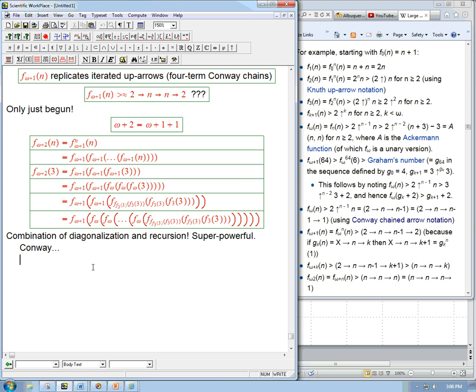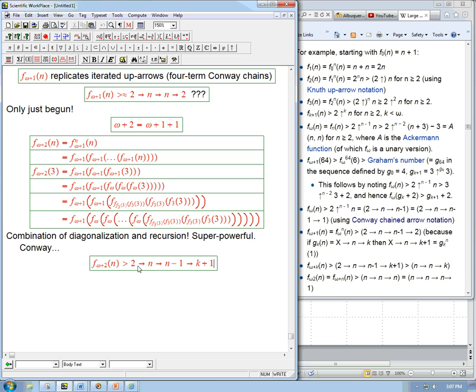And so, in fact, this f omega plus 2 level of n is very similar to, but a bit bigger than, a chain where you start with 2, because these are all based on doubling from the very start, and then it turns out it's n, and then n minus 1, because there's this annoying n versus n minus 1 thing, and then it's k plus 1.